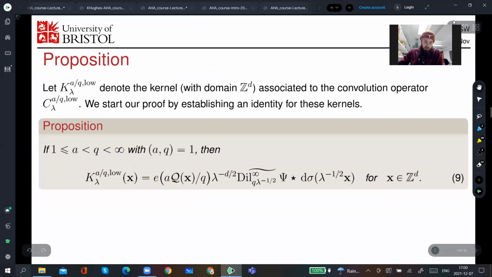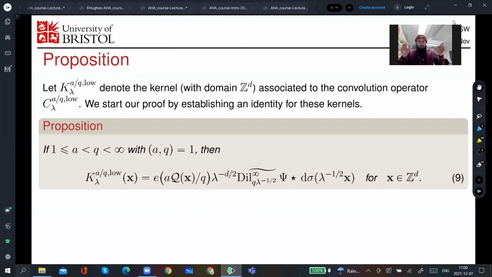So the main part here is the following proposition, which tells us what the kernel of that convolution operator looks like. So the kernel is just the inverse Fourier transform of the multiplier, right? And the convolution operator was the inverse Fourier transform of the multiplier times the Fourier transform of your function. Fourier transform takes multiplication into convolution.